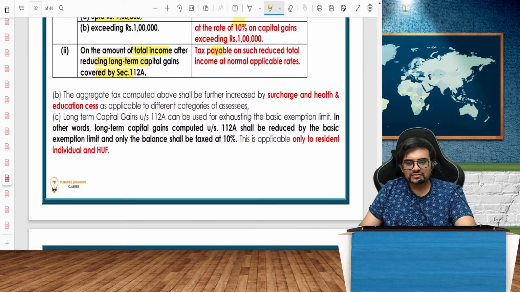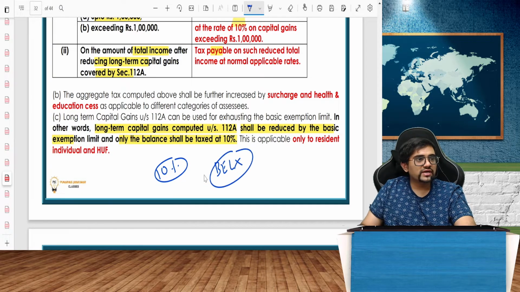Long-term capital gains computed under 112A shall be reduced by the basic exemption limit and the balance shall be taxed at 10%. Very simple. Since it's a very low rate of 10%, there is no basic exemption limit that you are getting.